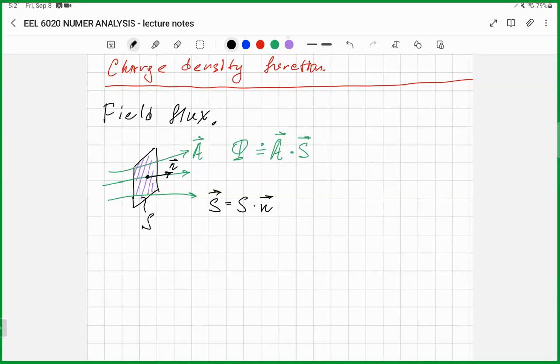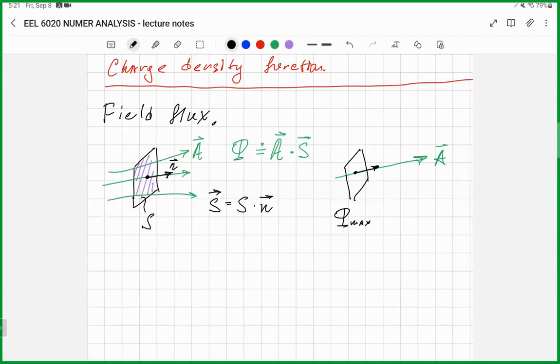Why is it important? For example, for this vector field, I can arrange my surface with n along the vector field. In this case, the flux will be maximal.